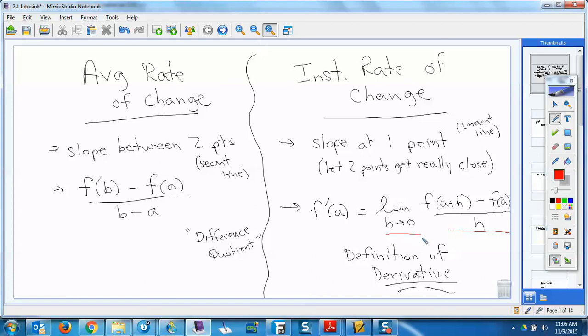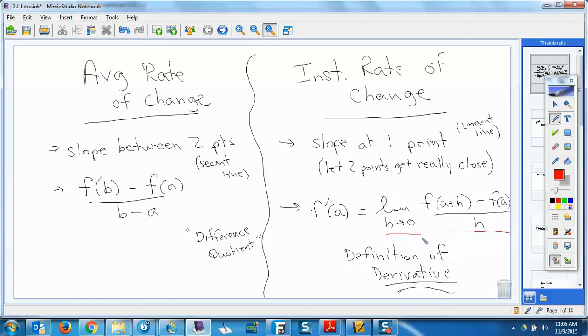What does this part do? It lets H go to 0. What's that do to the 2 points? Lets them become 1, right? Gets them very, very close. So close that we could essentially say they become 1.